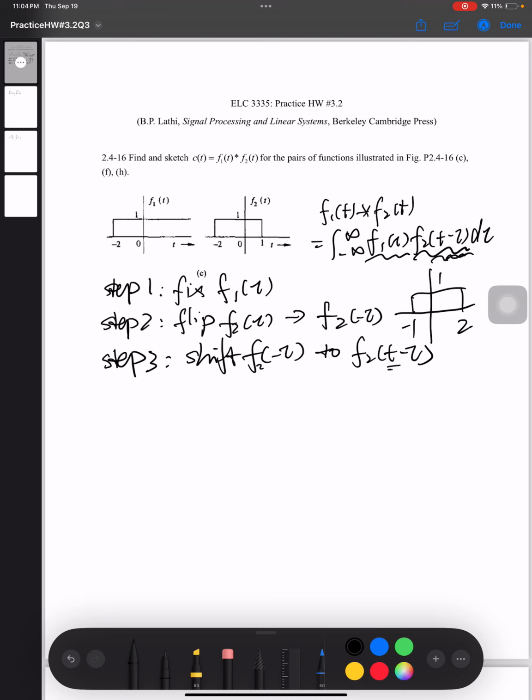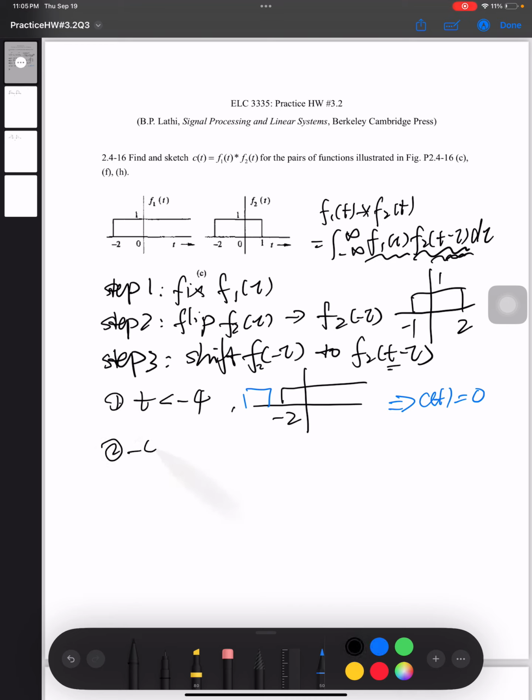For the first one, when t is smaller than minus 4, we can plot something like this. So there's no overlap, so we can just get c(t) equals 0.